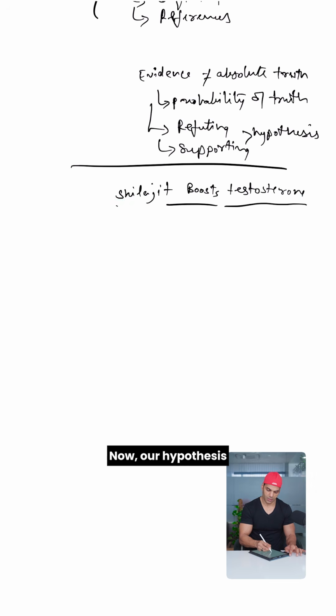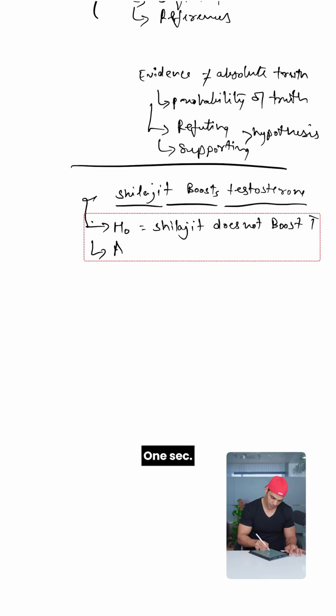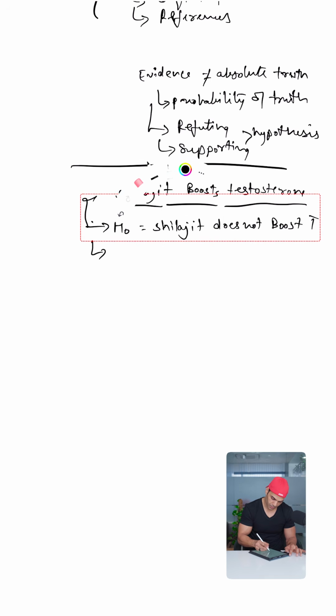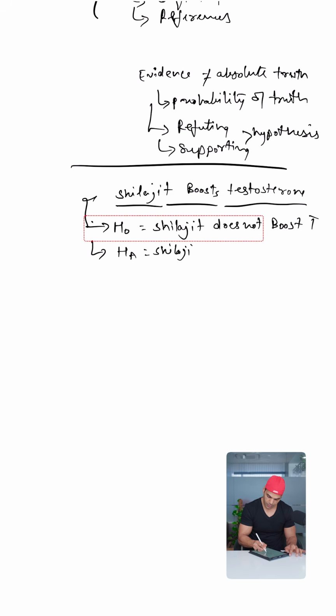Now our hypothesis is going to be divided into two parts. The first is called the null value hypothesis, or H0, which will say Shilajit does not boost testosterone. And there will be an alternative hypothesis, represented by HA, which will say Shilajit does boost testosterone.